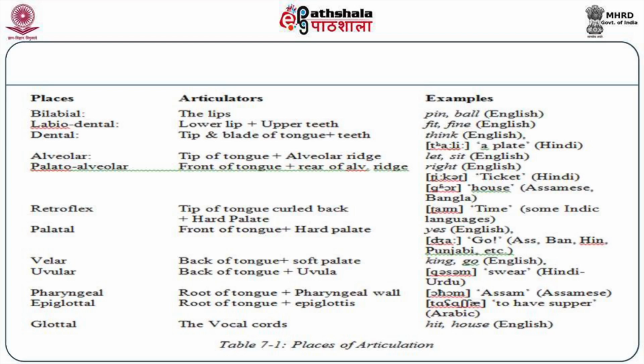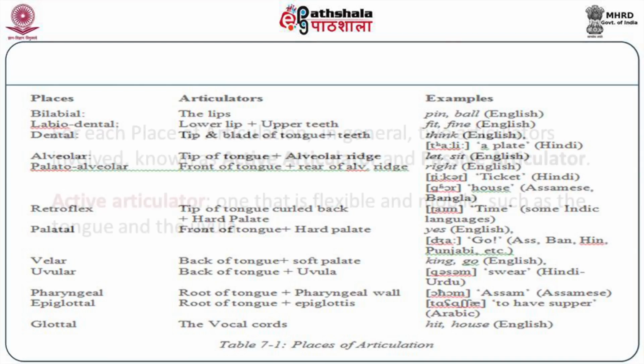One, the names of the places of articulation. 2, the articulators involved in producing these places of articulation. And 3, examples of speech sounds for each of those places of articulation from English and from some Indic languages.